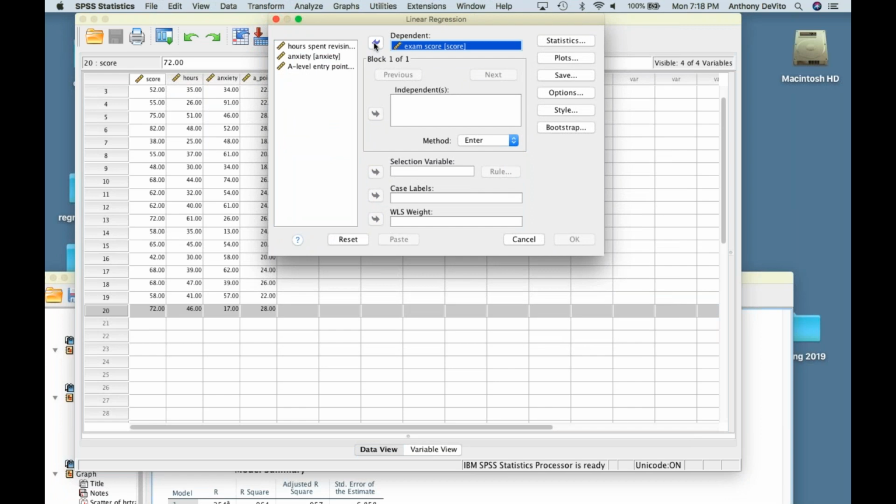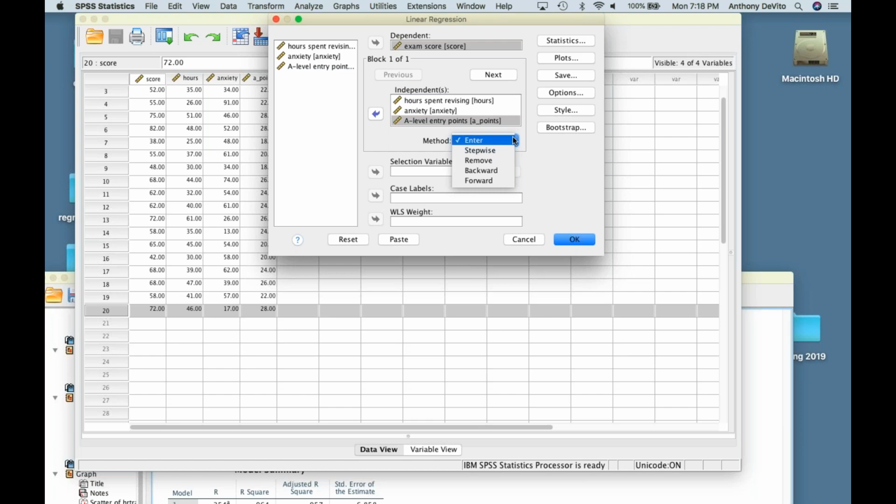Our independent variables are going to be hours spent, anxiety level, and A-level entry point. Now, how are we going to do this? There is another thing here. It says method. There are several different ways to analyze this information: stepwise, stepping forward, stepping backwards through this data, and so on and so forth.